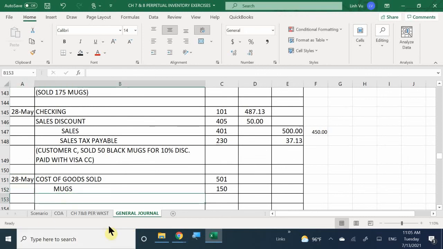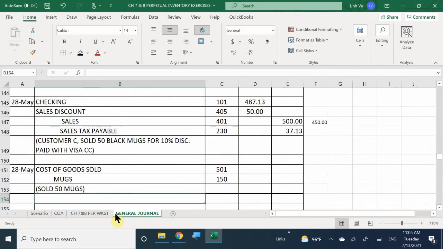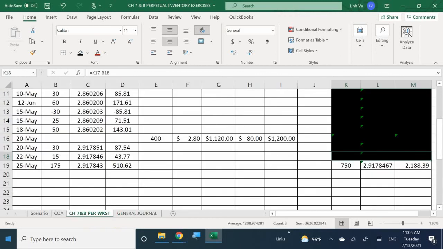So let's go ahead and fill that inventory worksheet out. It is 525. We sold 50 mugs.